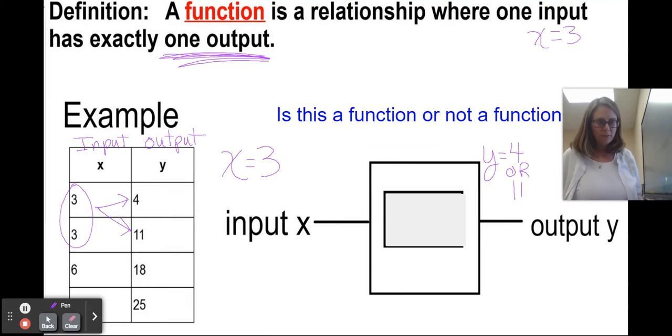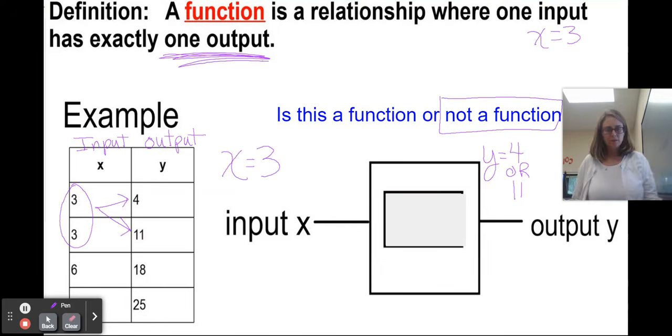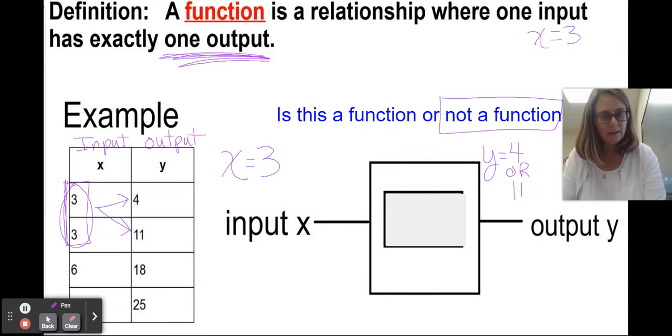So this does not meet our definition of a function. This is an example of something that is not a function. When you have that duplicate, when you have an x that has multiple outputs, that is not a function. So we have an x value of 3, and the y is equal to 4 or 11. This one is an example of not a function.